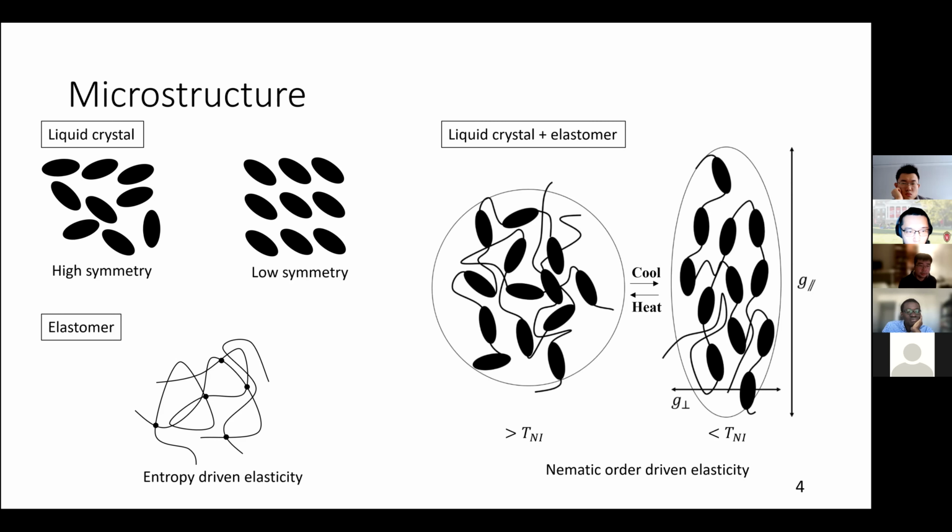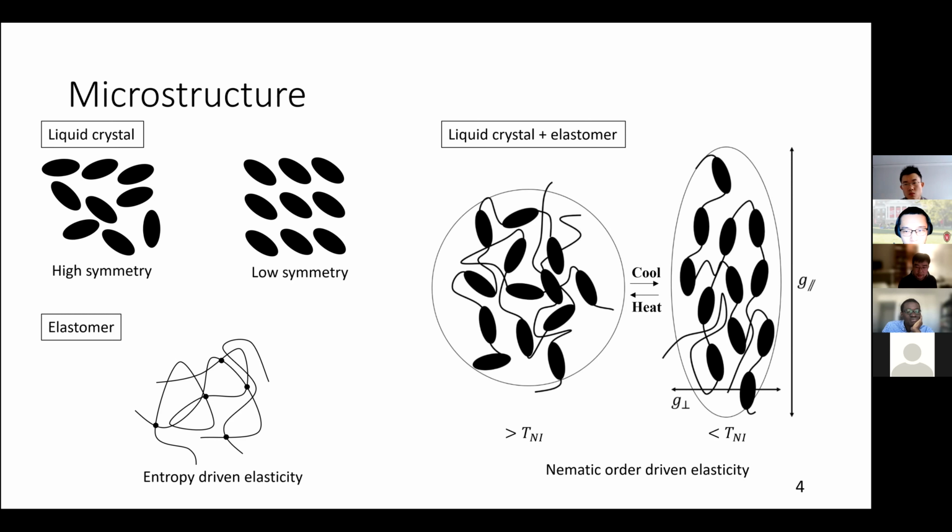But if we further embed the liquid crystal molecules into the long-chain polymer, we get what we call the liquid crystal elastomer. At high temperature, they are oriented randomly, but if we cool it below the critical temperature, they will be aligned together.